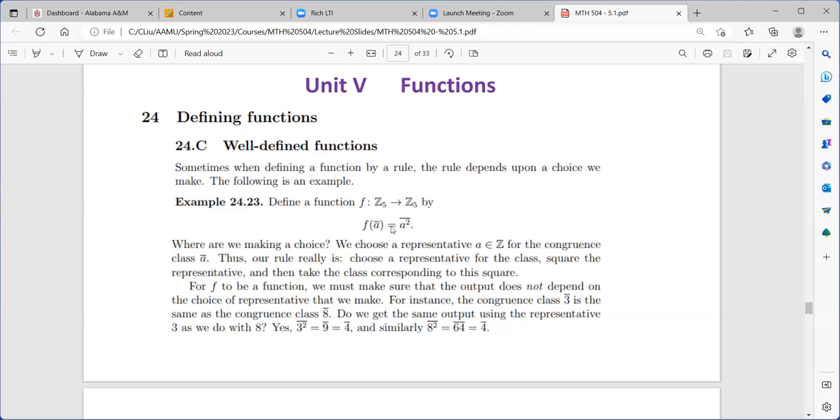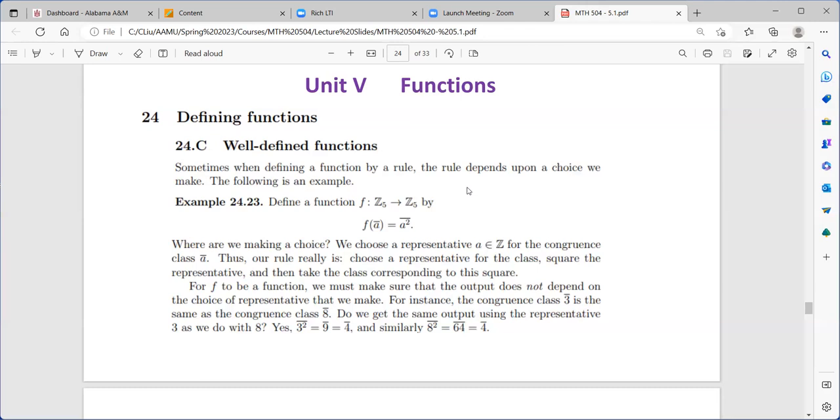So you just take the square of any number in that class, and then find out which class it belongs to. We know there are 5 classes in Z5. Z5 is a set of 5 elements, corresponding to 5 remainders.